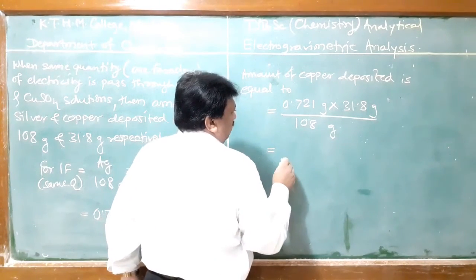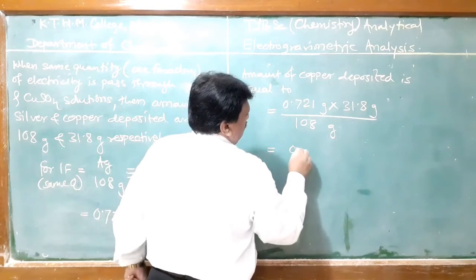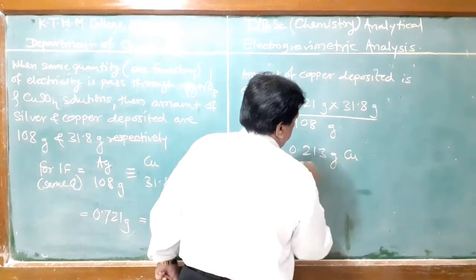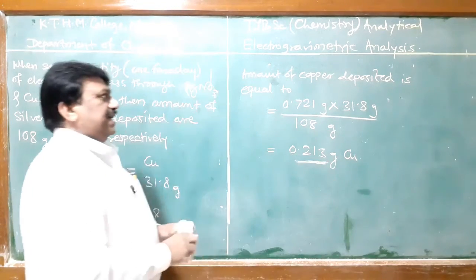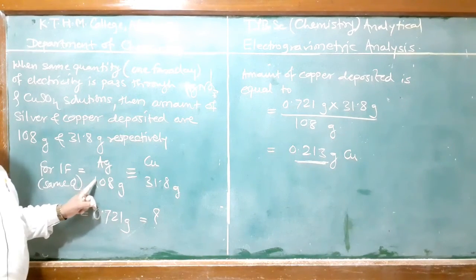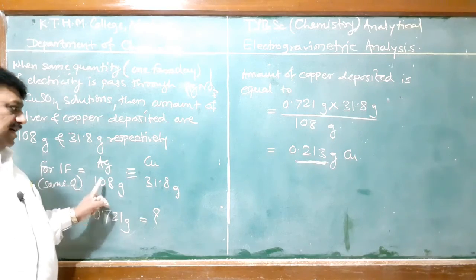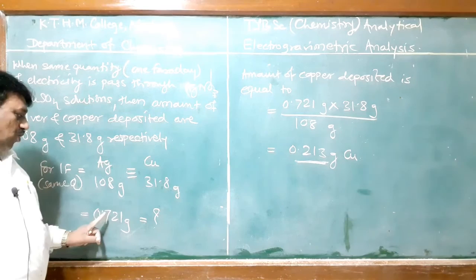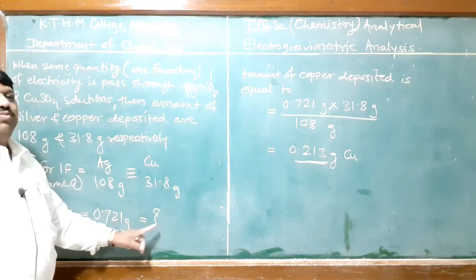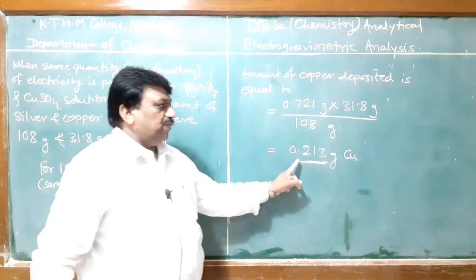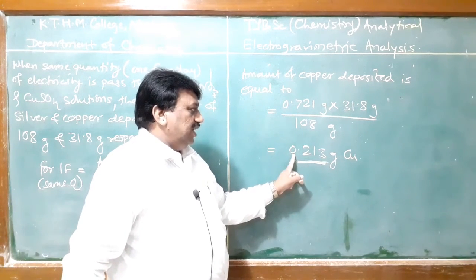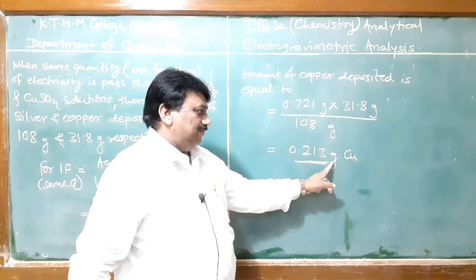When we solve this, we have 0.213 gram of copper. So for the same quantity, 108 gram of silver corresponds to 31.8 gram of copper; when it is 0.721 gram, the amount of copper deposited is 0.213 gram.